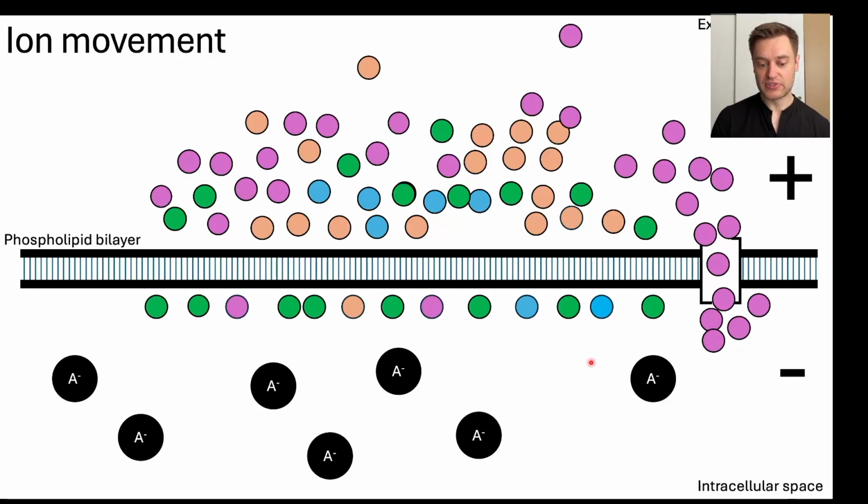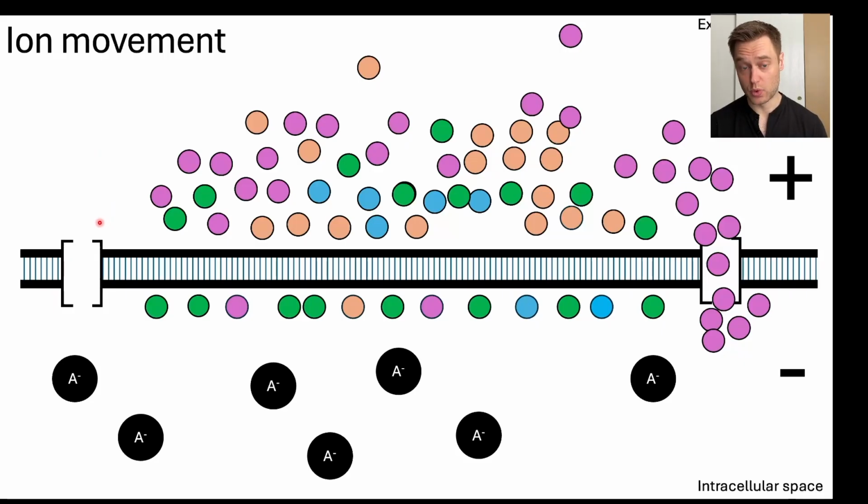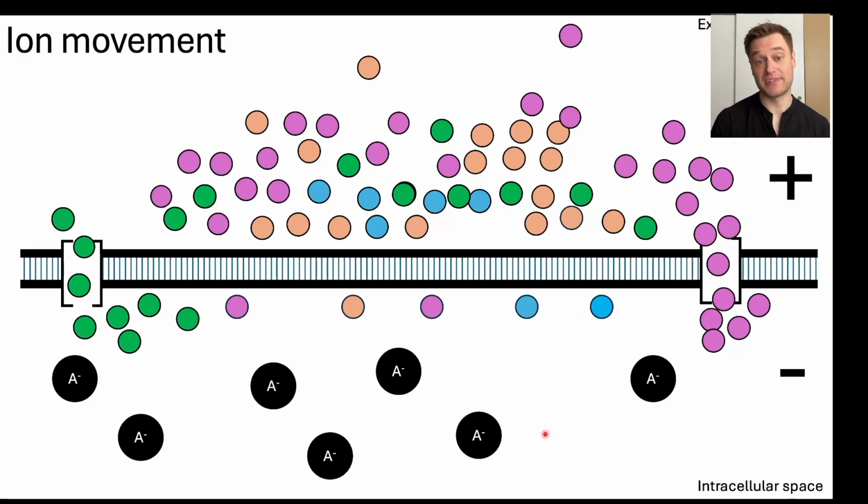What if simultaneously to this, we opened up another protein, another ionophore, that was sensitive to potassium? Well, potassium, although there is a high concentration of it in the intracellular space, the electrical valence change on the inside of the cell would force the potassium out.